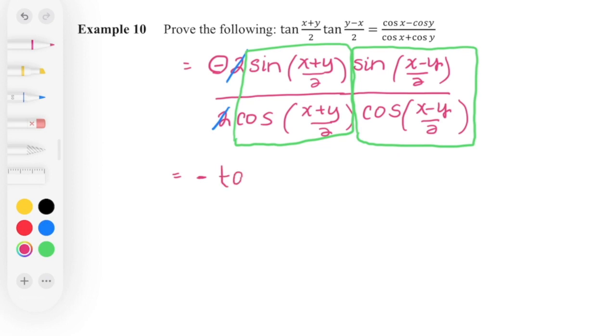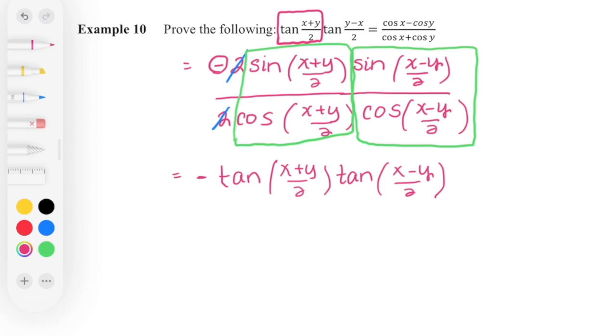So negative tangent of (x plus y) over 2 times tangent of (x minus y) over 2. So we're almost there. We have tangent of (x plus y) over 2, but we don't have tangent of (y minus x). These are not the same. If I were to rewrite this, it would be negative y plus x.